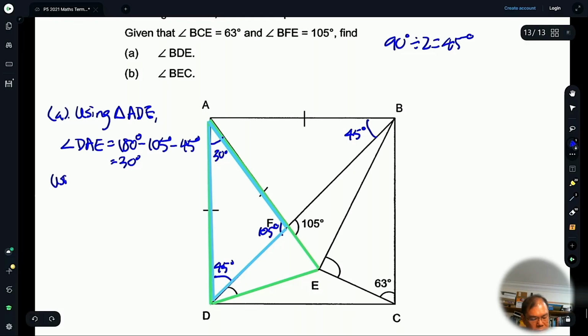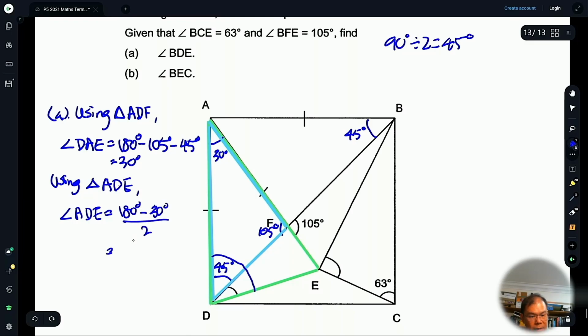I can make use of the isosceles triangle. Sorry, the first one is not using ADE, it's supposed to be using ADF. Now I'm using ADE, the isosceles triangle, the green one, so I can find this angle here. Angle ADE would just be 180 degrees minus 30 degrees, divided by 2.